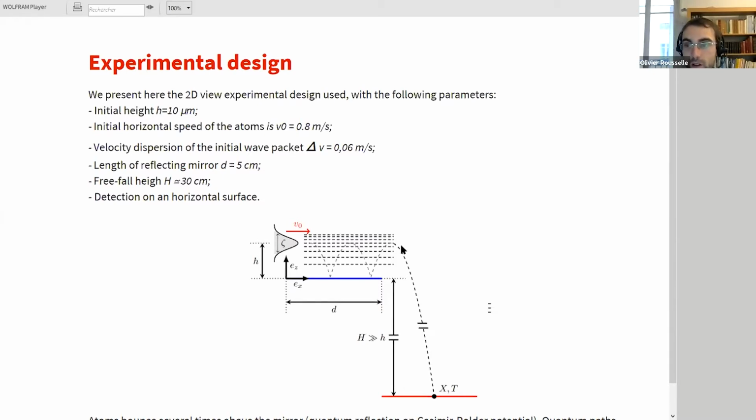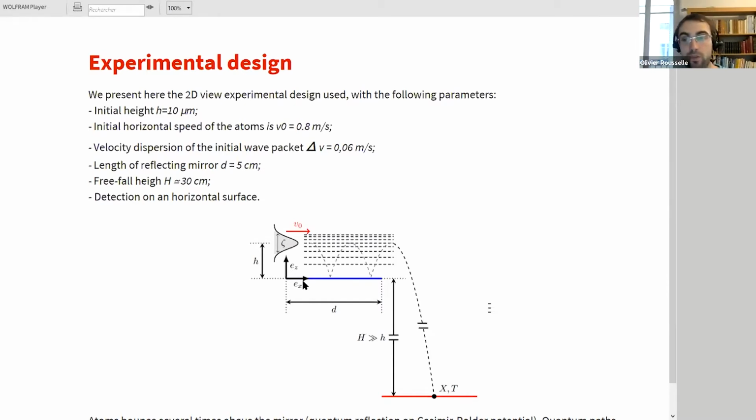It's not the image of a classical bounce of a ball, but a quantum bounce, meaning that at each bounce you have a probability of annihilation and of bouncing. It is an interaction between the atom and the surface, called the Casimir-Polder interaction. It's a particular force.